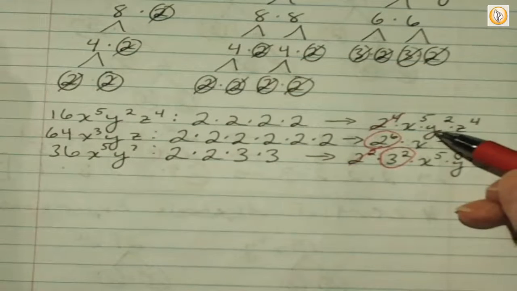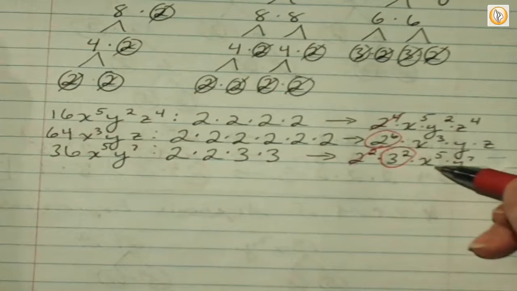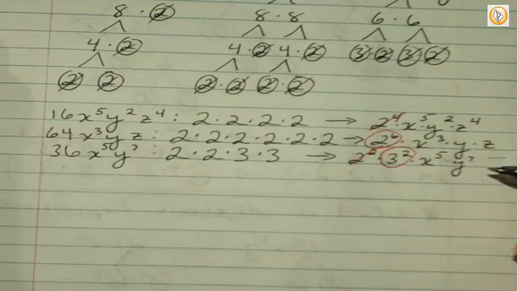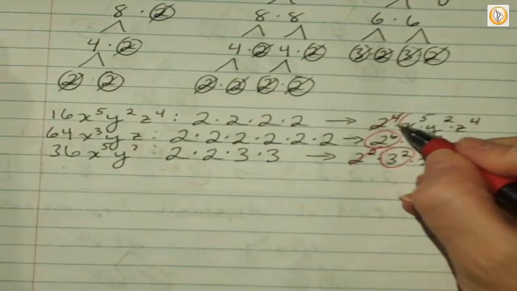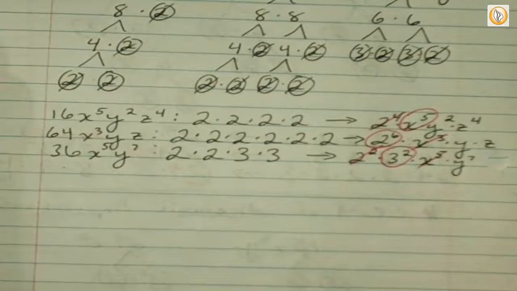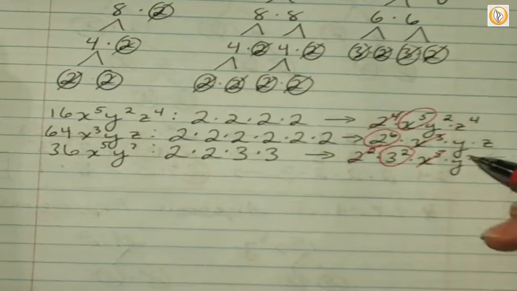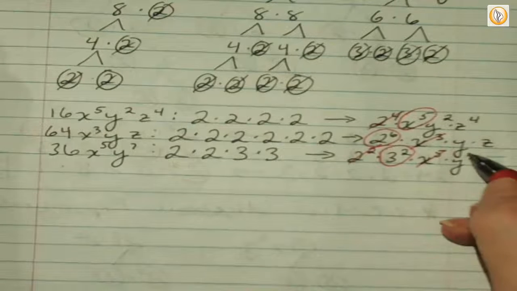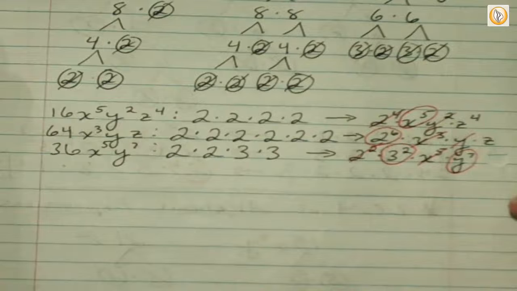Now, Joseph, I have x to the 5th power, x to the 3rd power, and x to the 5th power. Circle one of the x to the 5th power. That's right. You circle one of the x to the 5th power because it's the highest. Tanner, I have y to the second power, y to the first power, y to the seventh power. Y to the seventh, that's the highest. And then Natalia, z to the fourth and z to the 1.